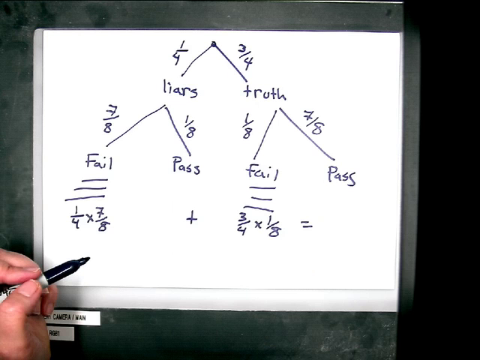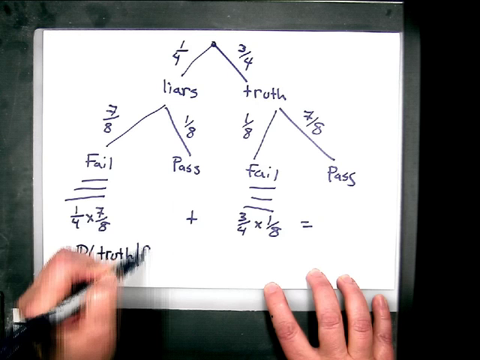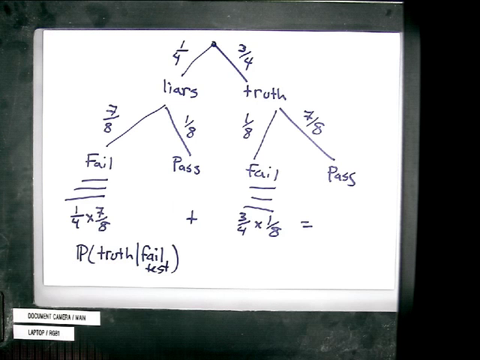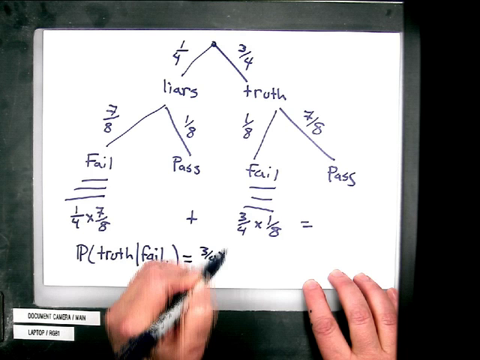So the probability that you tell the truth given you fail the test, people always say that, right? The test is wrong, I'm really telling the truth. It is 3/4 times 1/8 divided by 1/4 times 7/8 plus 3/4 times 1/8. So it's the probability of the truth and you fail, divided by the probability you fail.